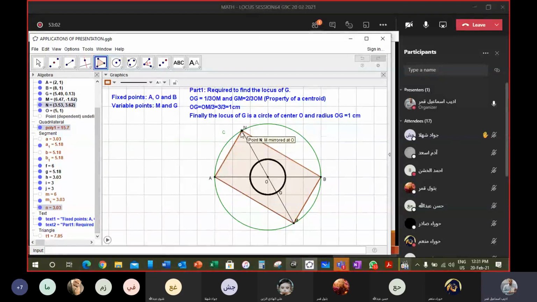What is the locus of N? دغري هون لازم أعرفها. ON equal لل OM. فيكم تكتبون دغري. ON equal لل OM. Radii equal 3 centimeters.